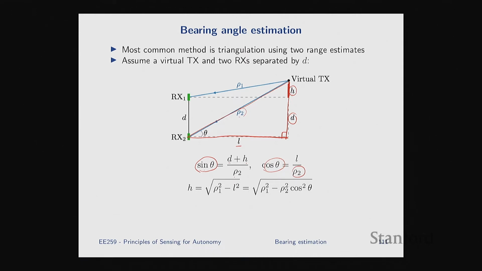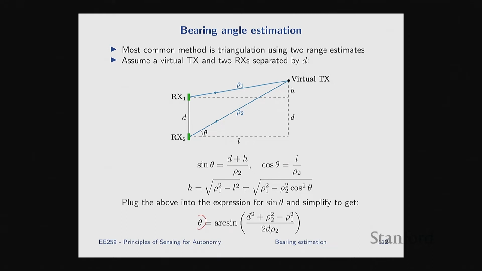And then we can look at this top triangle, I'm going to highlight it in purple, and in there we see that h is equal to the square root of rho1 squared minus L squared. This is pure Pythagoras theorem and geometry. But from these three equations, we can solve for theta.